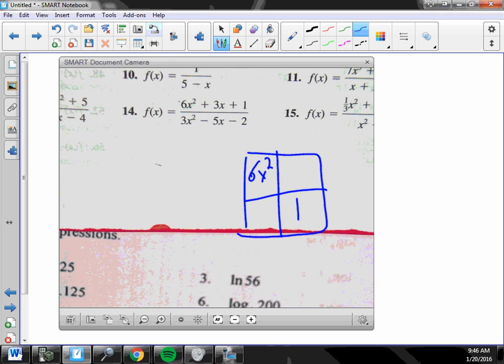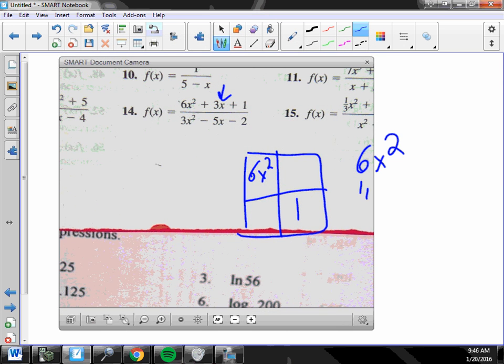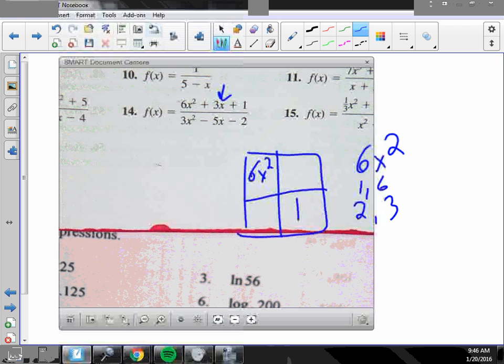What do I do now? Multiply those together. You get 6x squared. Are there factors of 6 that add to be 3? Our options are 1 and 6 and 2 and 3. No. So what does that tell us about the top? It's either imaginary or irrational.